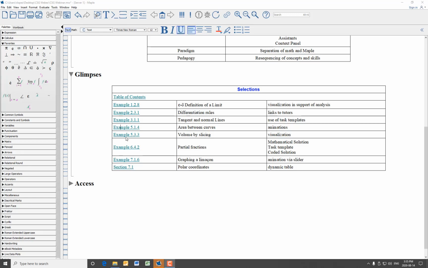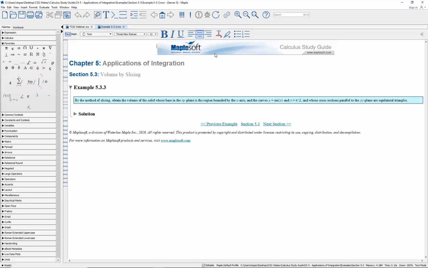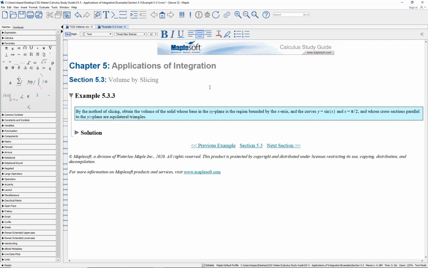This example is volume by slicing, and it will enable us to do some visualization. The particular problem is to find, by slicing, the volume of the solid whose base is in the xy plane, and the base region is bounded by the x-axis, the curve y equals sine x, and x equals pi over 2, and cross sections parallel to the YZ plane are equilateral triangles.